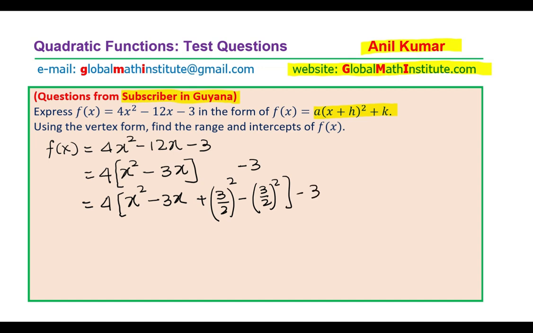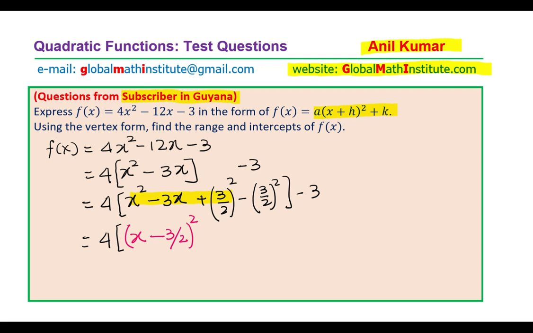Adding and subtracting the square of b by 2 helps to complete a square. So that is why this method is also called completing squares. So what we get now is 4 times the first 3 terms, which form a perfect square. So we can write this as x minus 3 by 2 whole square. You get the idea.